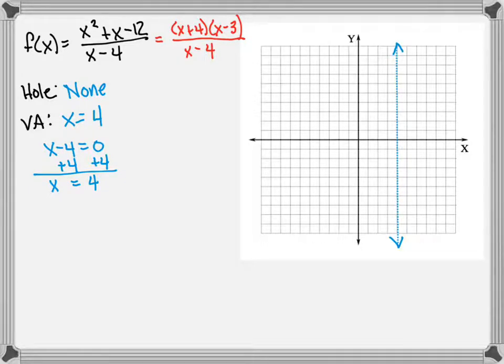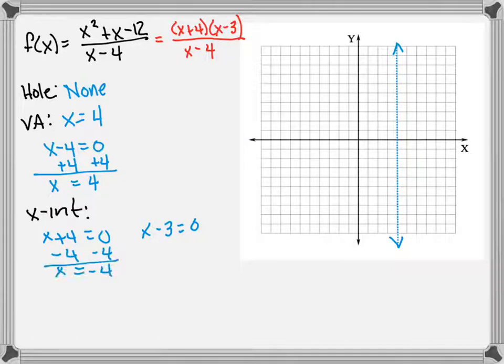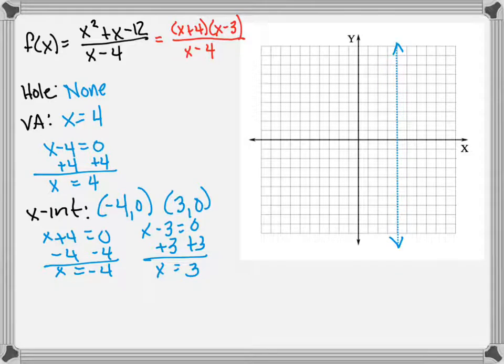For our x-intercepts, we set each factor of the numerator equal to 0 and solve for x. So first we get x equals negative 4, then we get x equals 3. So we have two x-intercepts, one at negative 4 and one at 3, and we can plot both of those points.